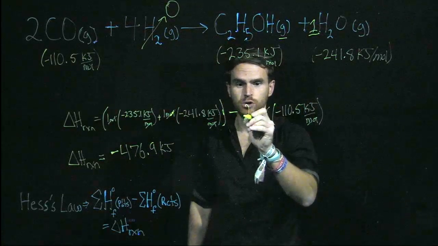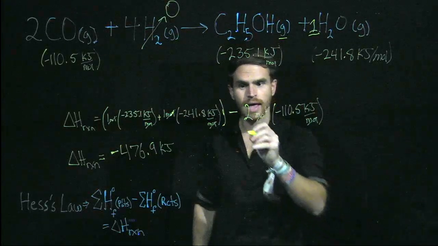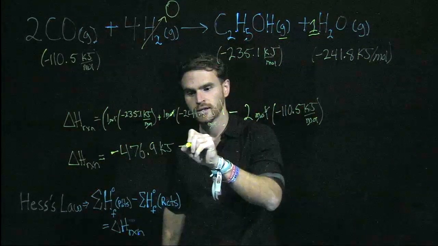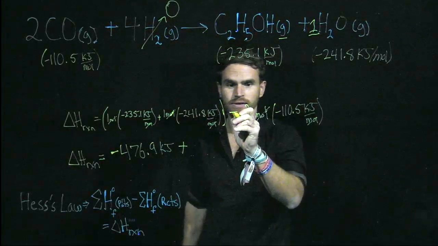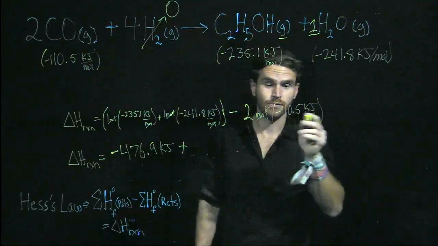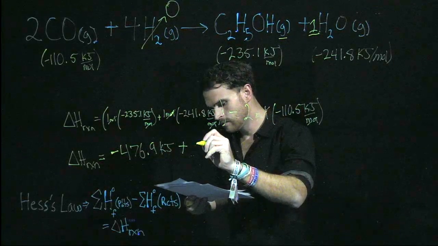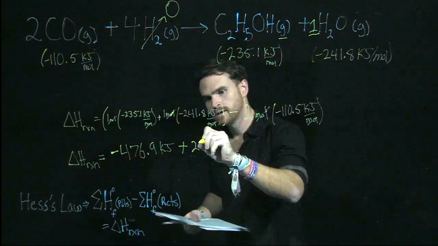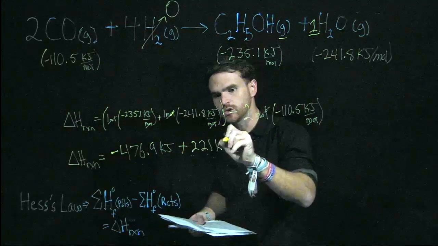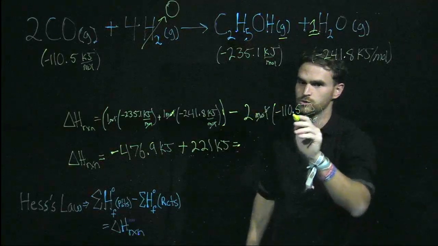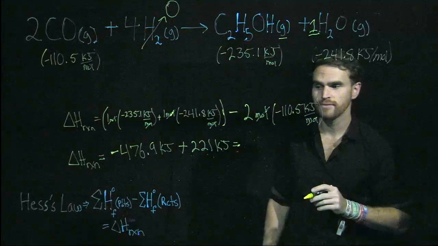Then we subtract the reactant value, and because we have two negatives, that leaves us with a positive. We're adding, because you have negative 2 times negative 110.5, which gives a positive value of 221 kilojoules.